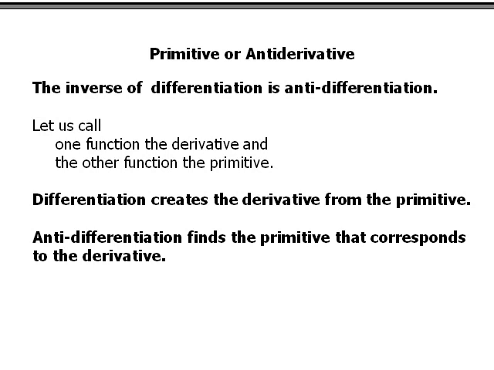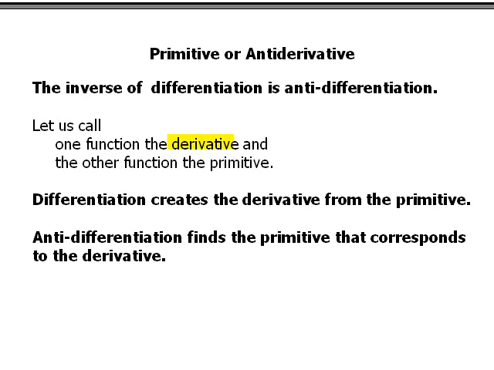If you take the derivative, that's called differentiation, of course, then the inverse is called antidifferentiation. That makes pretty good sense. But we're going to have different names for the functions involved. If we call one function the derivative, let's call the other function the primitive.